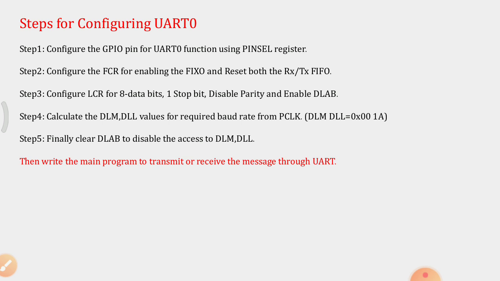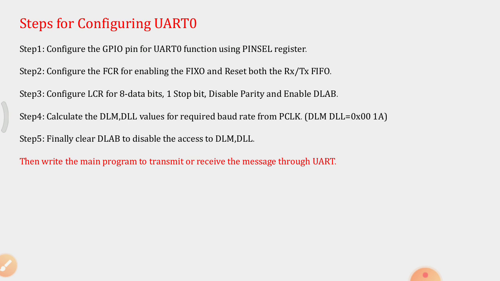Step 2, configure the FCR for enabling the FIFO, and reset both the receiver and transmitter FIFO. Step 3, configure the LCR for 8 data bits word length, 1 stop bit, disable any parity, and enable DLAB, the divisor latch access bit.